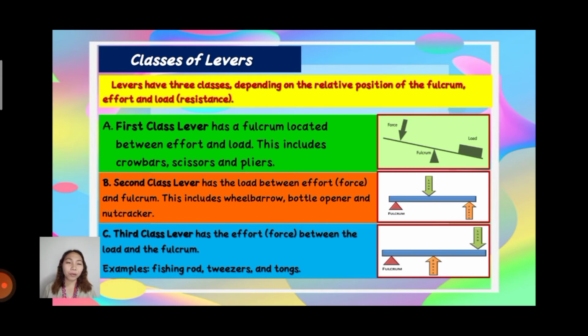Has the effort or what we call the force between the load and the fulcrum. Ang example na niya, the fishing rod, the tweezers, and the tongs. So, kanang mga kimpit na to, magluto ta. So, ang iyahang load na niya, di ba, magkuanta na sa kilid, di ang iyahang force na ana sa tunga. Okay? Nasabtan ba na?